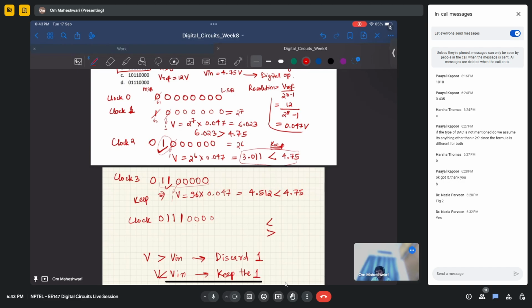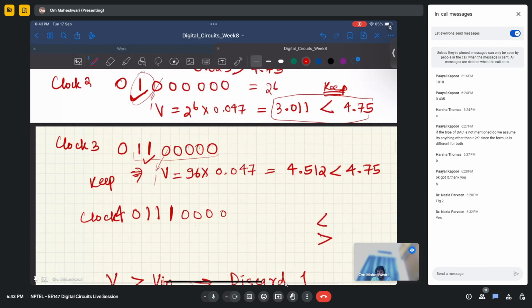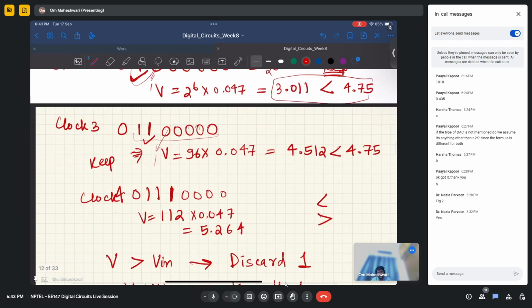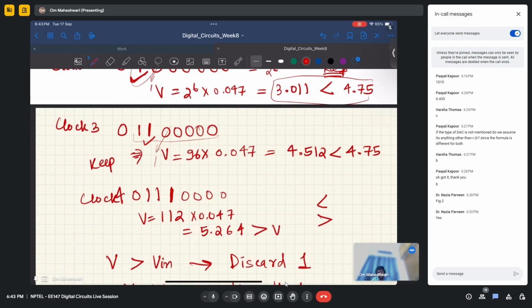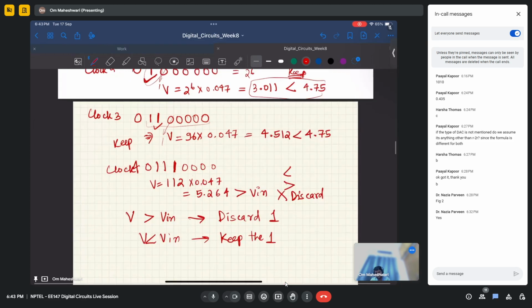So let us say we proceeded with the fourth cycle. It will be 112 into 0.047, which comes out to be 5.264, which is greater than V in. So we will discard it.